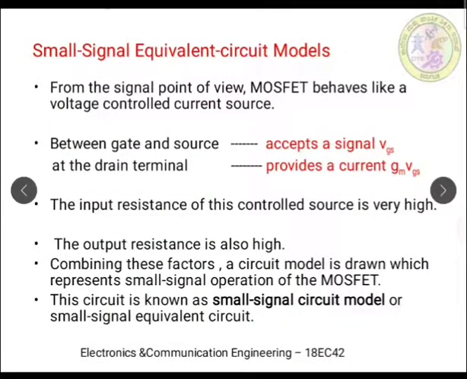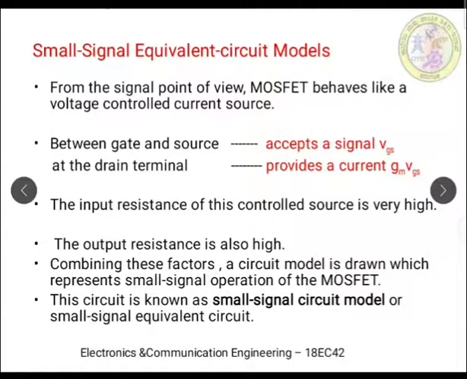Now, concerned with MOSFETs, we have another important concept called small signal equivalent circuit models. From the signal point of view, we have seen that the MOSFET behaves like a voltage controlled current source. What is the voltage controlling the current source? It is the gate-to-source voltage VGS.